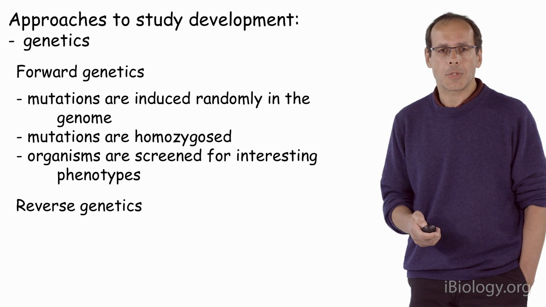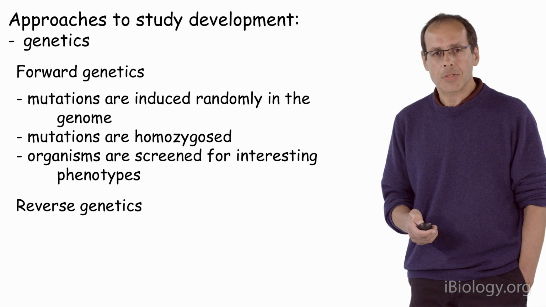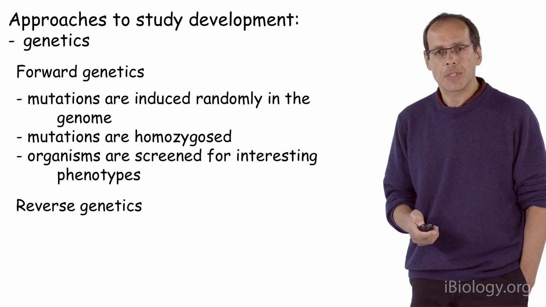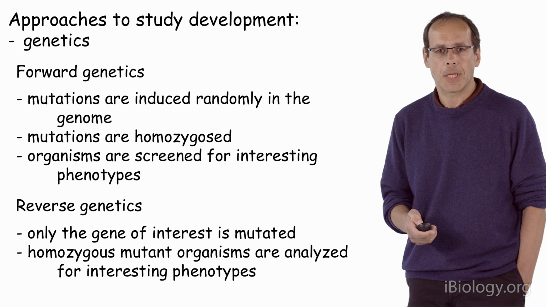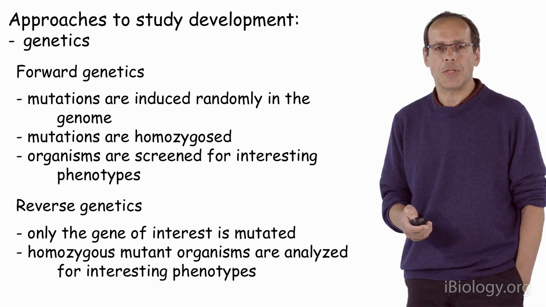These mutations are made homozygous, and then the organisms are screened for interesting phenotypes. In contrast, reverse genetics consists of specifically focusing on a single gene or several genes. These genes are specifically mutated, and then the homozygous mutant organisms are analyzed for interesting phenotypes.